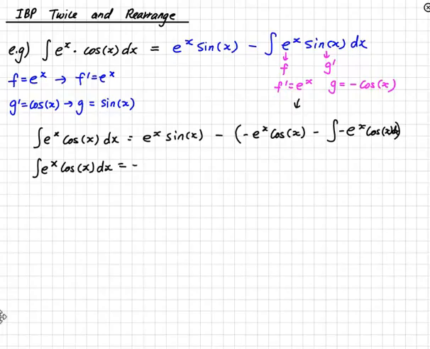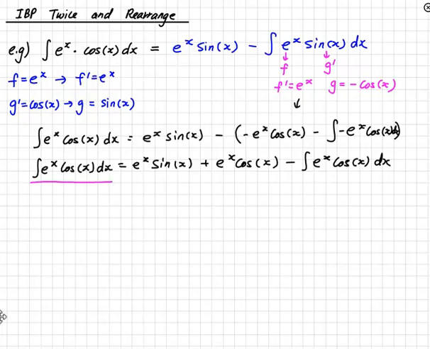Make sure you sort out all the negative signs. So negative becomes positive. So we have e to the power of x cos x. Negative becomes positive, but we've got another negative, so it's negative integration of e to the power of x cos x dx. Now you notice that on the left-hand side we have an integration of e to the power of x cos x. On the right-hand side we also have integration of that same thing.